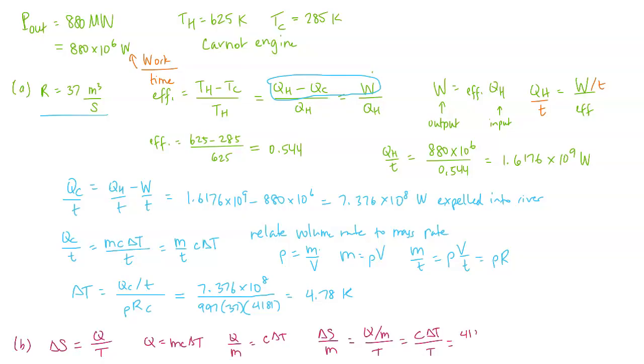So I can take my 4181 joules per kilogram per Kelvin multiplied by my 4.78 Kelvin increase, divided by that 285 Kelvin exhaust temperature, and I get 70 joules per Kelvin per kilogram for my entropy increase per mass.